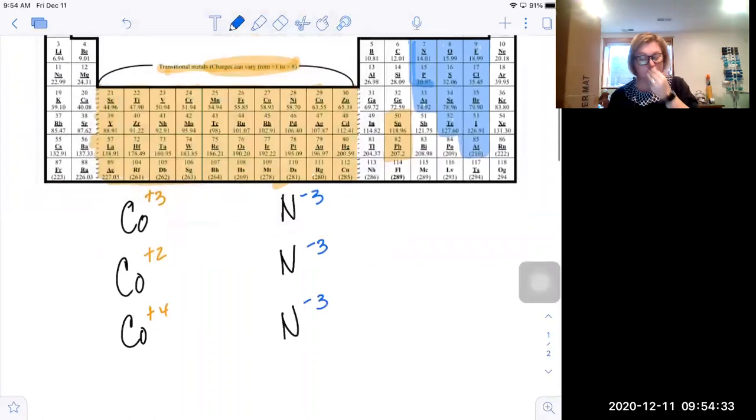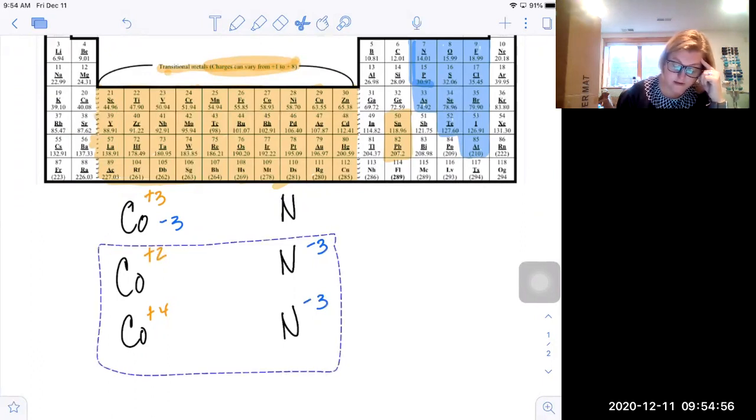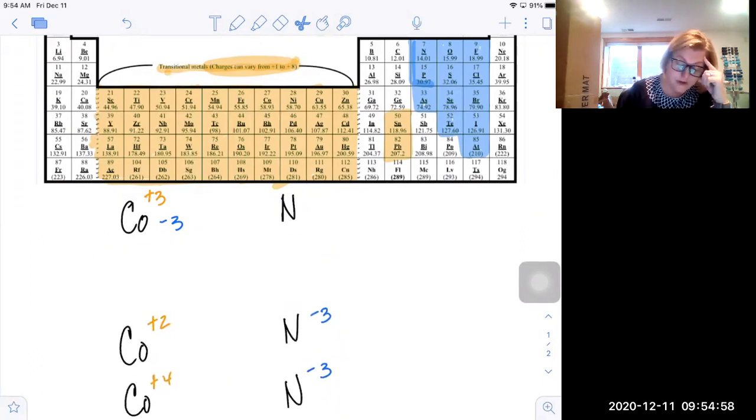So now we would crisscross charges like always. This 3 would want to come down here, and this 3 would want to come over here.